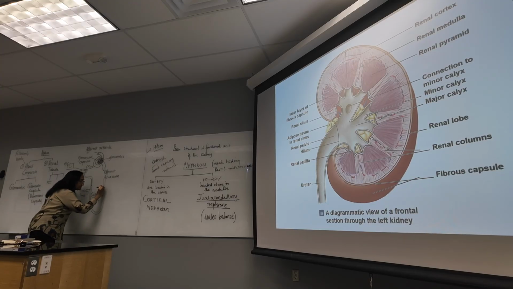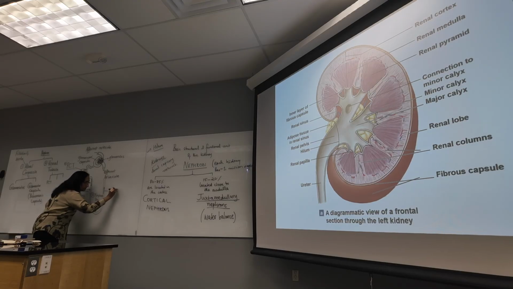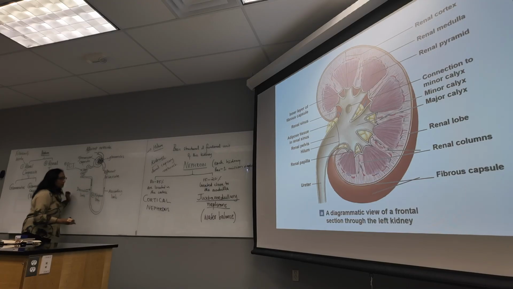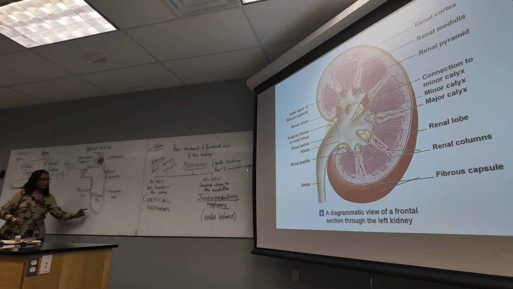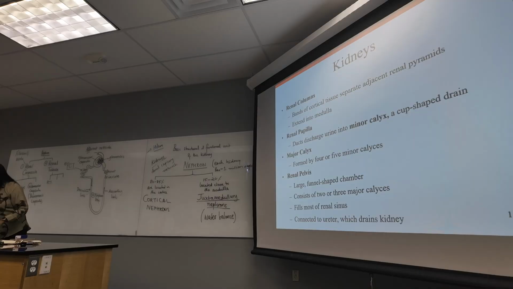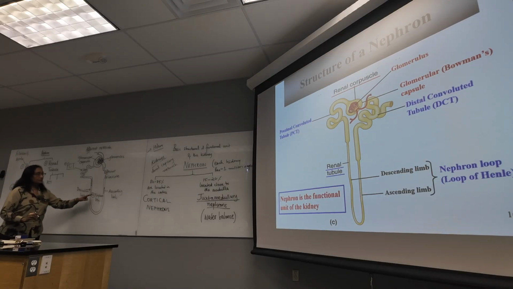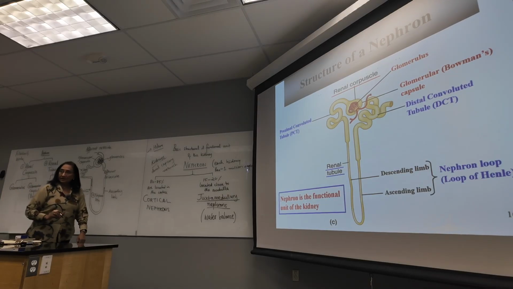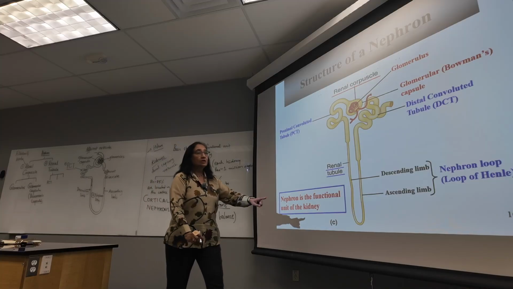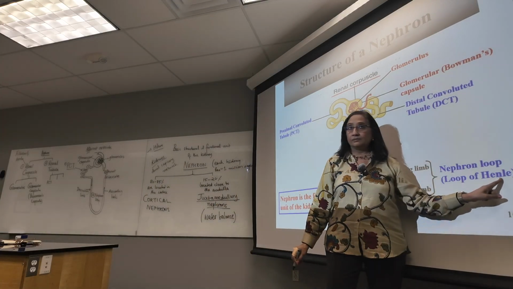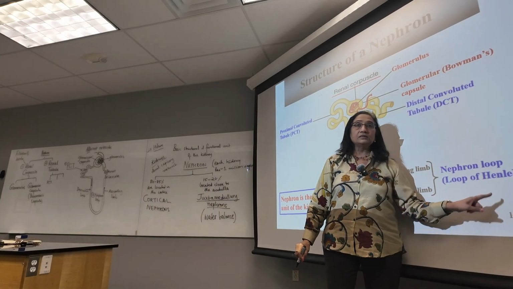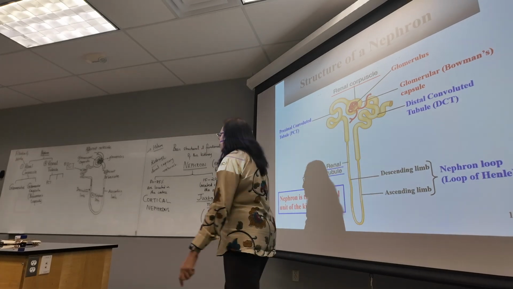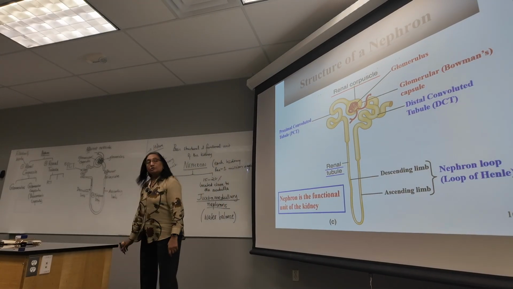And this is the ascending limb of the nephron loop. Ascending limb. So the fluid will flow down like that and then go up again. Okay? It's also known as, the older term is loop of Henle. Loop of Henle is the older term. The newer term is nephron loop.